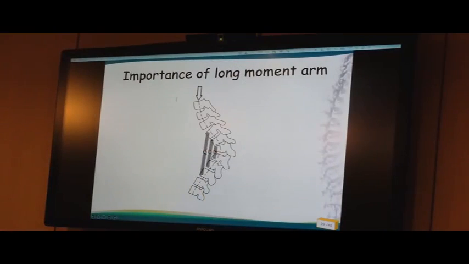Deformity begets further deformity every time. And that's why, what do you think? Which one is best to support that spine? A, B, or C? A is best. Why? Because it is farthest from the instantaneous axis of rotation and its impact is much higher.